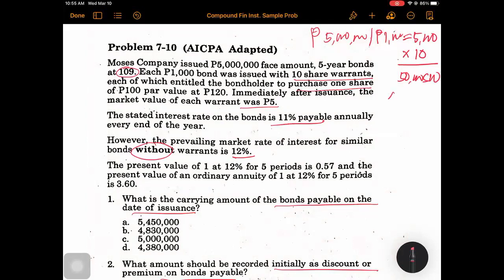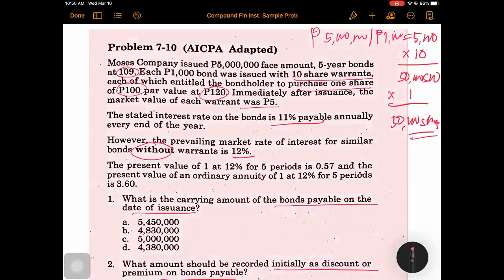Therefore, that's a total of 50,000 shares. Tagpila ang par value? 100. Pila ang presyo sa shares? 120.